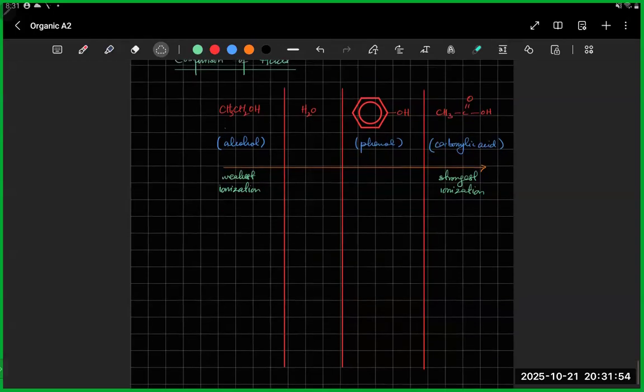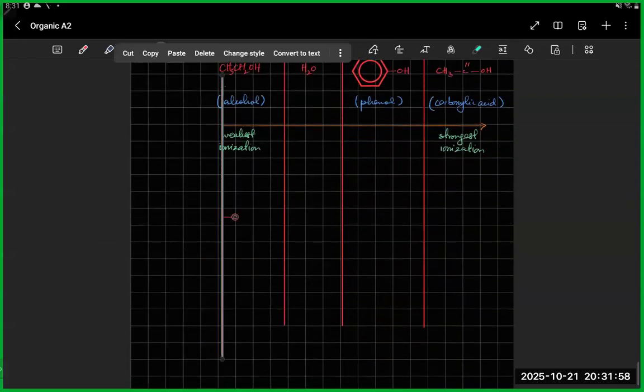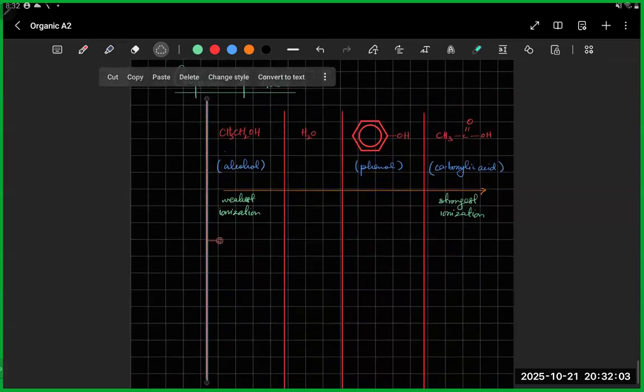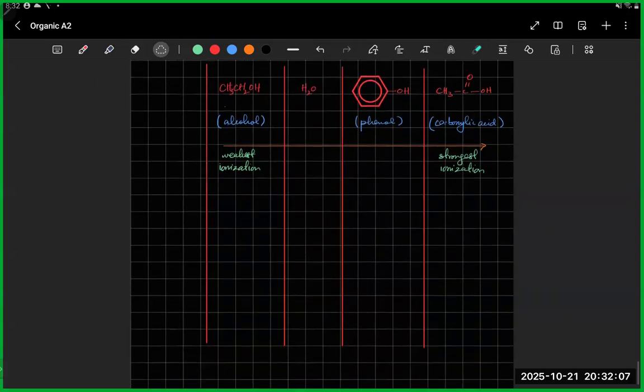Need one more. I said now comparing between these three. Start with the first one. You will have a reaction with the sodium. So they all react with sodium. All of them are going to react. Even water will react.